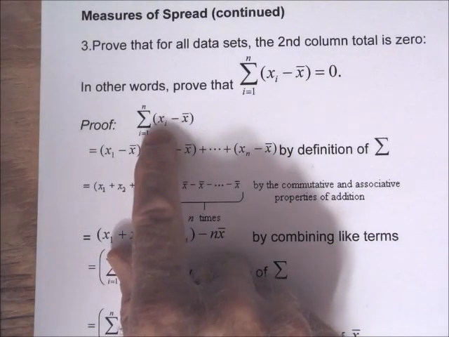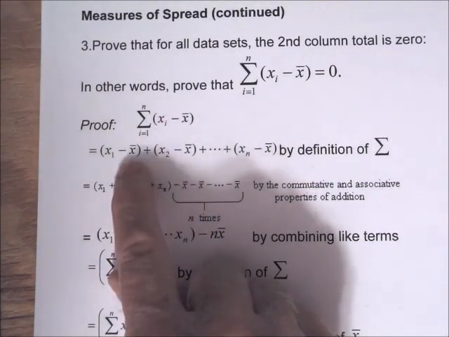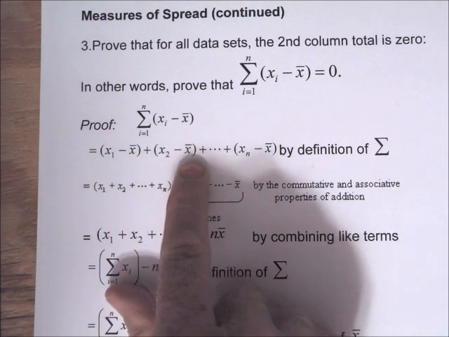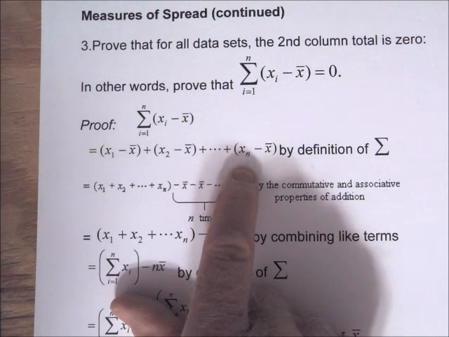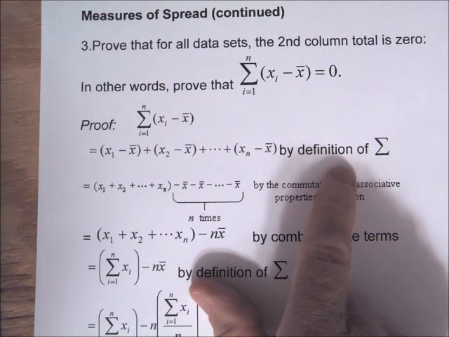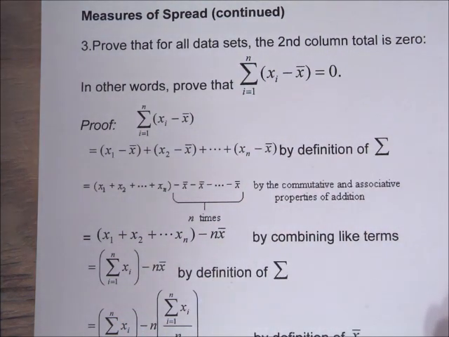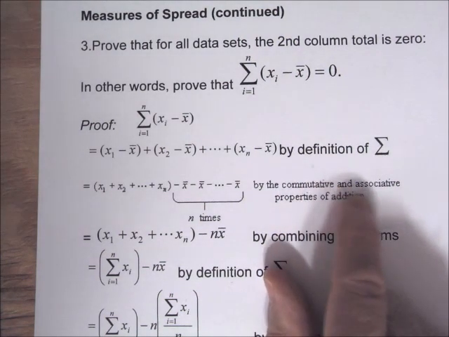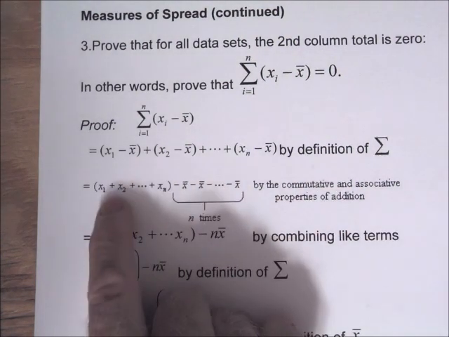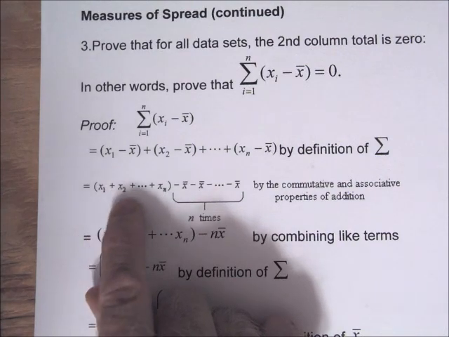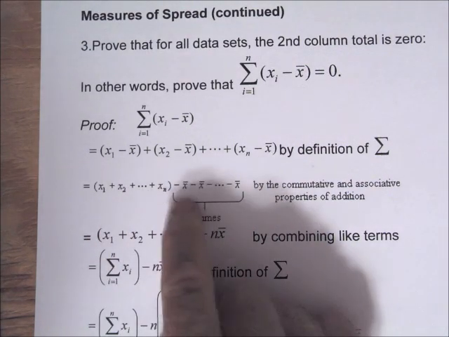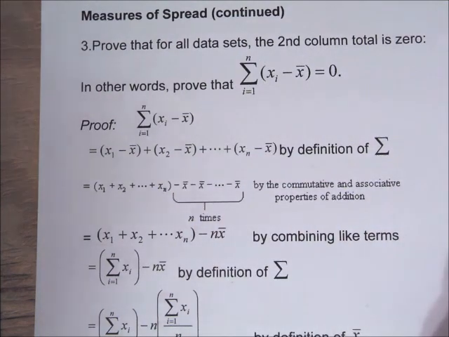By definition of sum, we can write this out as the first score minus the mean, plus the second score minus the mean, plus etc., plus the last score minus the mean. That's by definition of sum. And then because the order doesn't matter for addition, commutative and associative properties of addition, we can put the x1, x2, x3, etc. together and put the x bars together. So just rearranging the order.